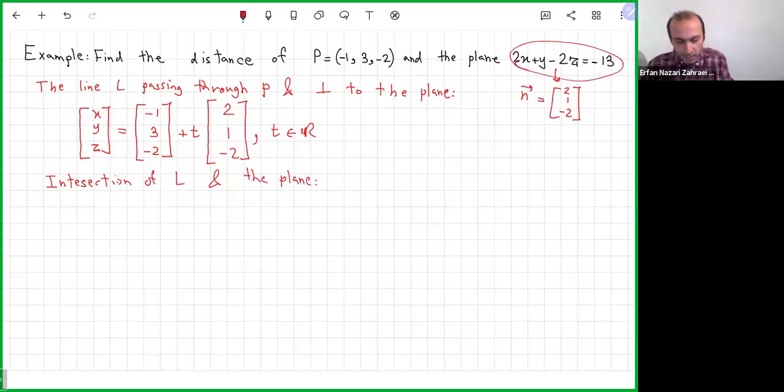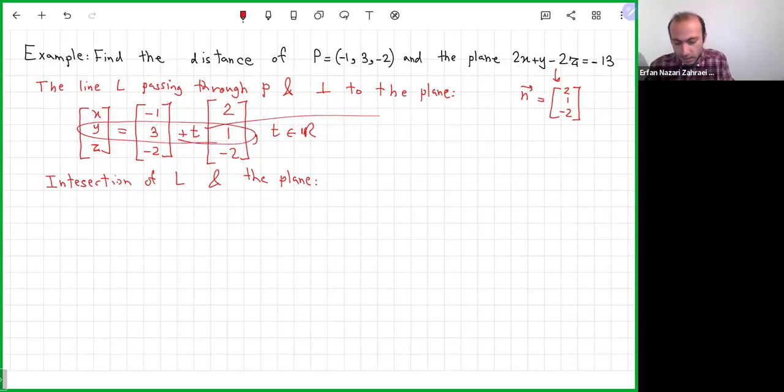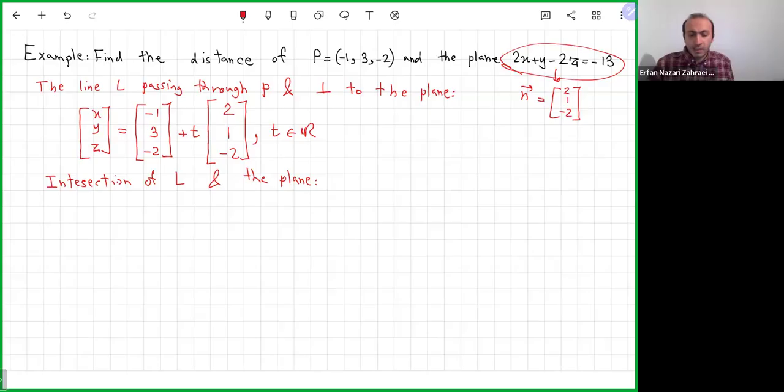This is the equation of the plane and this is the equation of the line. The easiest way to intersect these two is to read x from the line and put it as x here, the same for y, and the same for z. Then you get one equation with only one variable t, and you find t. So let me do that.